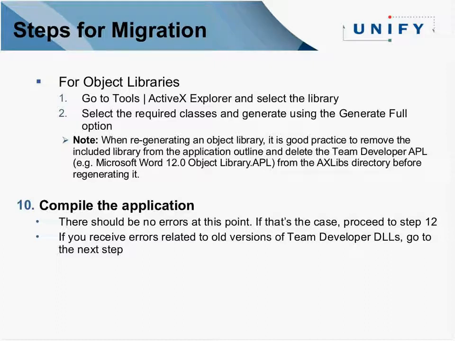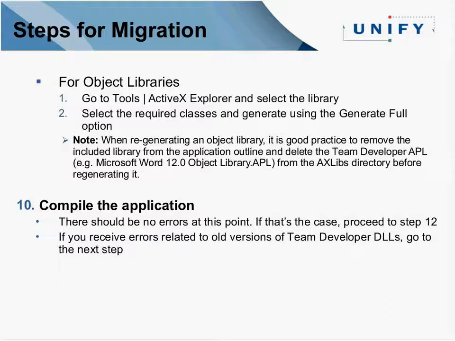You can go to the Library tab and either comment out or delete the reference to that application APL, and also delete the APL from your AXLibs folder before regenerating it. This will avoid any conflict. You'll make sure that you're clean before regenerating the TD 5.2 ActiveX APL format. So make sure you do that just to avoid any confusion or conflict between new and old ActiveX libraries.